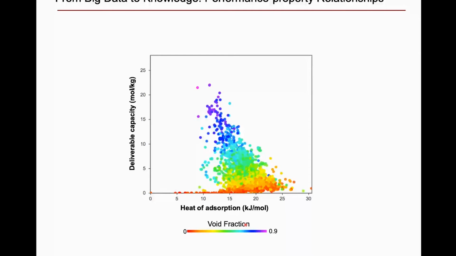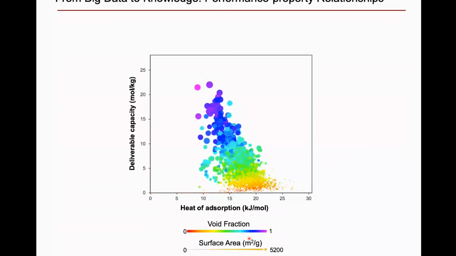The void fraction is the ratio of the empty volume over the total volume of your MOF, that goes from 0 to 0.9, you can clearly see that all my top performing materials in this region are shown by this purplish color, which represents materials with void fraction values close to 0.9, right? So this is now a three-dimensional graph. And I have to say, we can actually do better. I can go ahead and present my data in 4 dimensions.